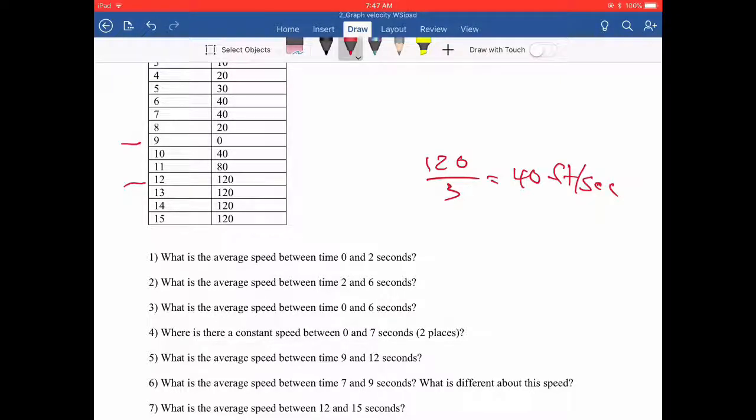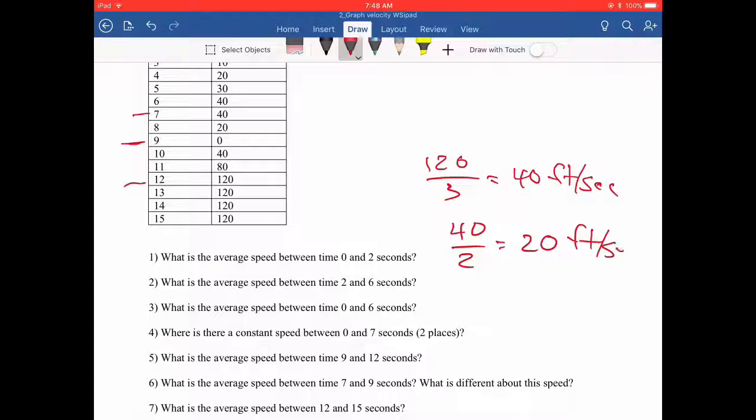Then it says, what's the average speed between times 7 and 9? So now you have a shorter, so here's 7 and here's 9. So for that one, the time difference is just 2 seconds, and the distance traveled is 40. And that's going to be 20 feet per second.